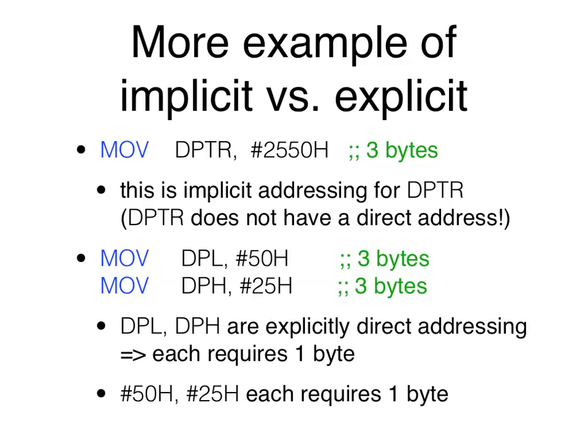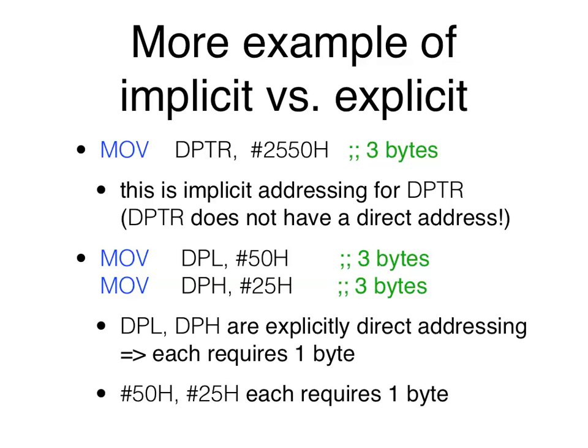But this is one exception. In the instruction stream, the MOV opcode is 1 byte, and then the 2-byte address, the 2550, they put the most significant first, followed by least significant. You may never have to know that, but just for your information. So that's one of those inconsistencies.